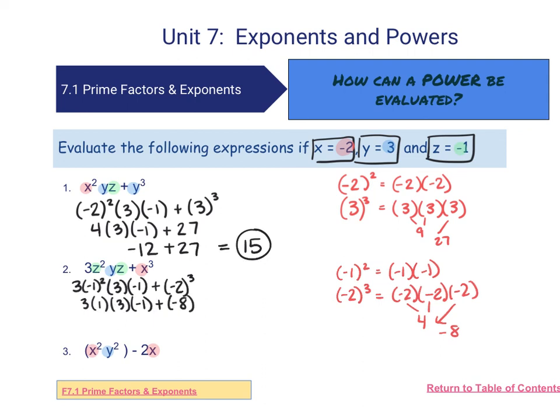All right, looking at this, 3 times 1 is 3, times 3 is 9, times -1 is -9, plus -8. I'm adding two negatives, so I'm going to get a bigger negative. -9 plus -8 is -17.